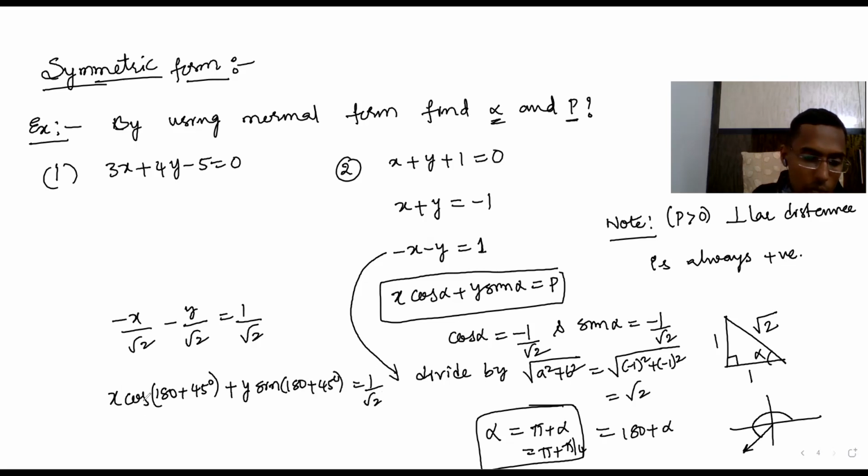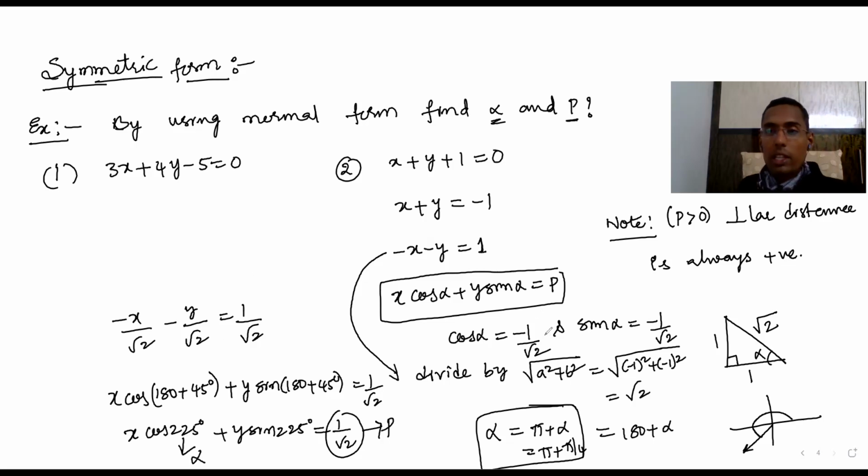So this is cos 225 degrees plus y sin 225 degrees equal to 1 by root 2. This is what is alpha. I'll make it clear tomorrow. Actually, this is alpha in third quadrant.